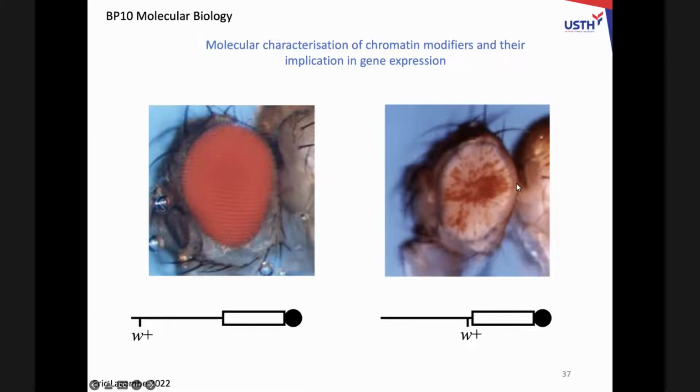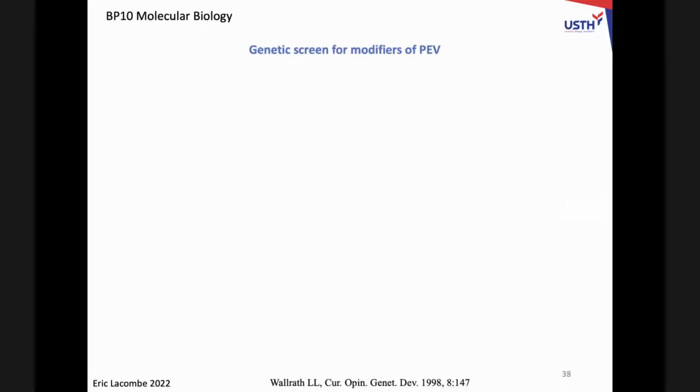readers. So what they did, they took this fly, this one. It's very important. They took a fly that contained the wild type gene close to heterochromatin. And then they took this fly and they regenerated from this fly.